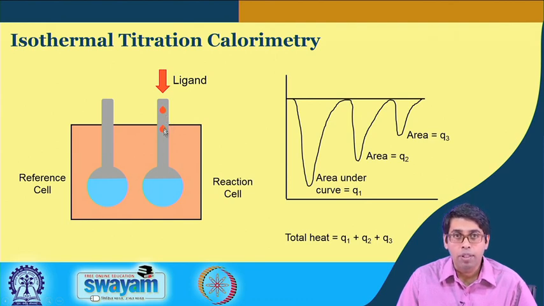After the first titration point, what you will see is a signature peak like this. The area under this peak gives you the heat that is evolved after the first titration. When you add another little amount of ligand, that is the second titration point, you will get another small amount of heat, and as you keep on adding more and more ligand, you will see that the amount of heat keeps on decreasing.